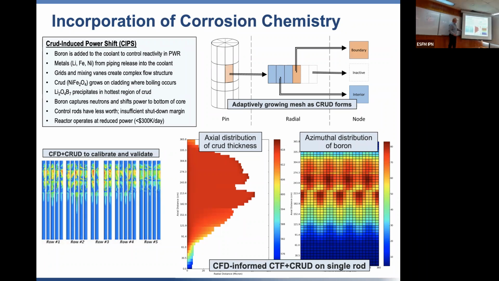And where there is subcooled nucleate boiling happening, you have this crud growth, and nickel ferrite, nickel, iron, oxygen crud grows on that surface of the cladding. It's very porous, and so you can have lithium oxygen boron that will precipitate inside of that crud. And that boron captures neutrons.